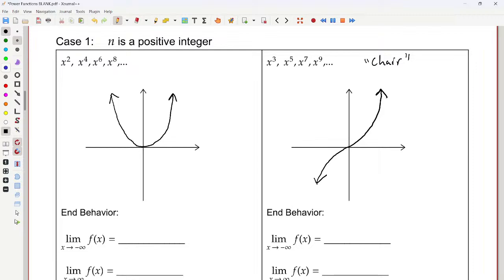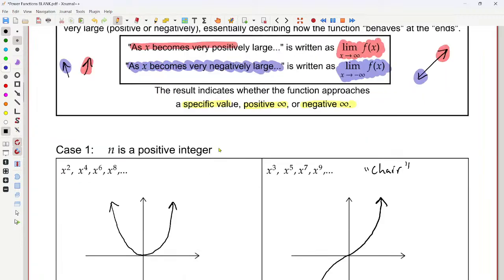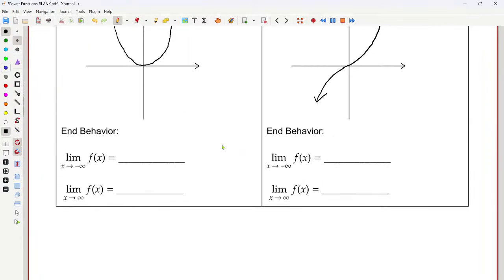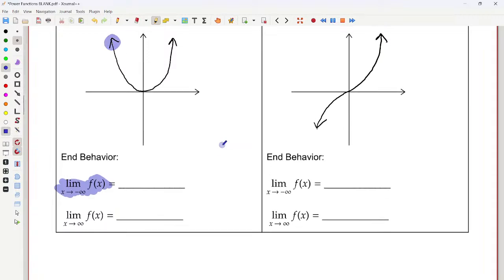Right. End behavior. Just trying to match the same colors. So I have right, red, blue, negative. This is how we write the left end. What is the left end doing?